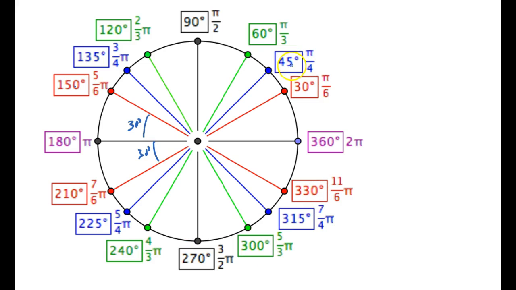All the multiples of pi over 4, these are 45-degree angles, are in blue. All the multiples of 60-degree angles are in green, and you've got your 90 up here and your 270 down here. Okay, so like I said, you're going to have to memorize all of these angles and their respective radian measures, because it will save you so much time and headache later on when we get into more trigonometry.